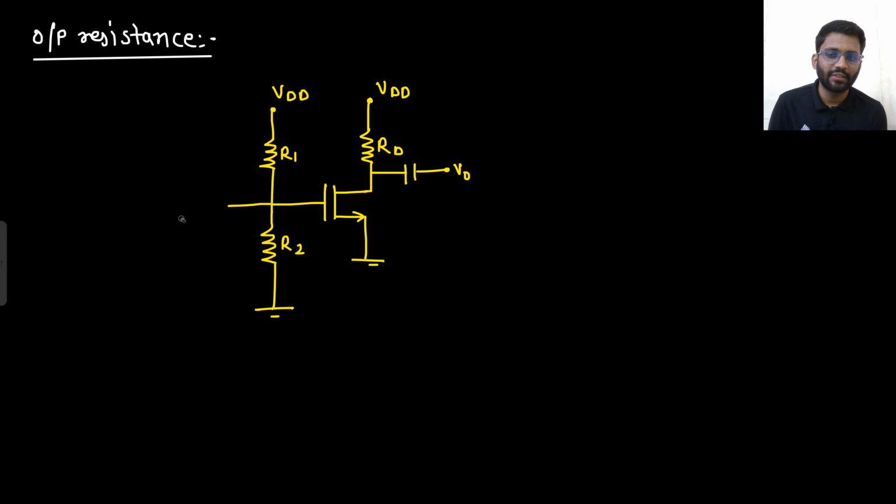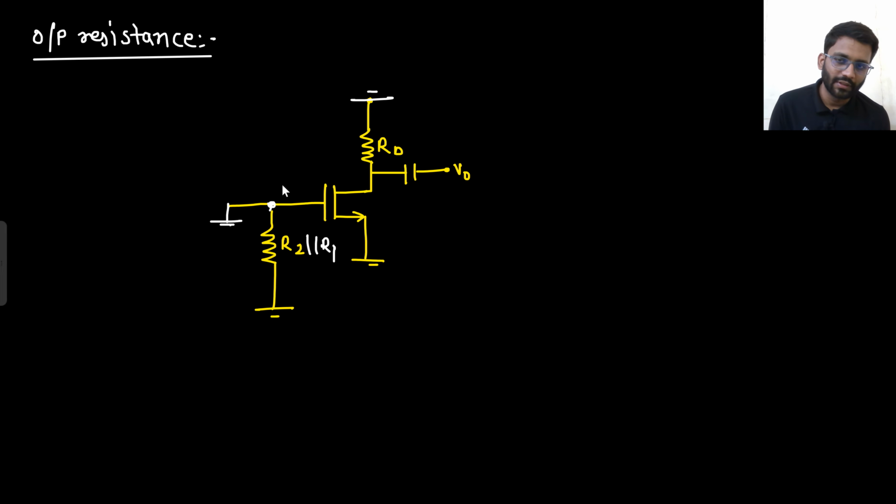If you are calculating the output resistance, this V in will also be gone. Now VDD is also gone. So basically I can reduce it to R2 parallel with R1. From this node to ground you have R2 parallel with R1. This node is also at 0 volt, so this is also grounded.